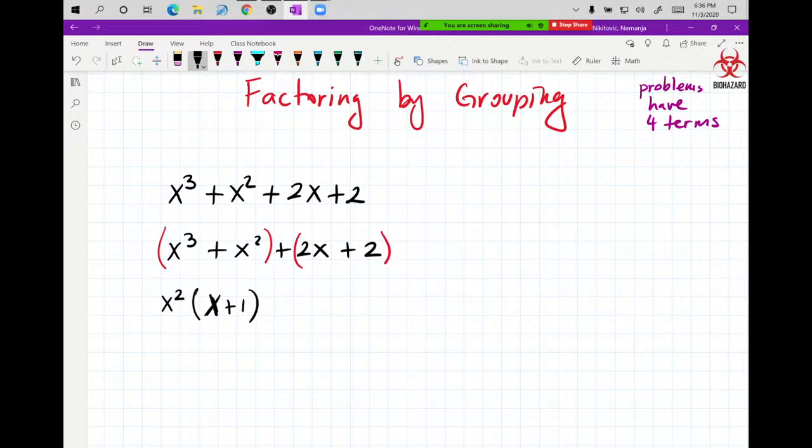Do we all agree with that? Kicking out x squared and leaving x plus 1 behind? If anyone has a question or a problem with this, we need to know and address it right now.